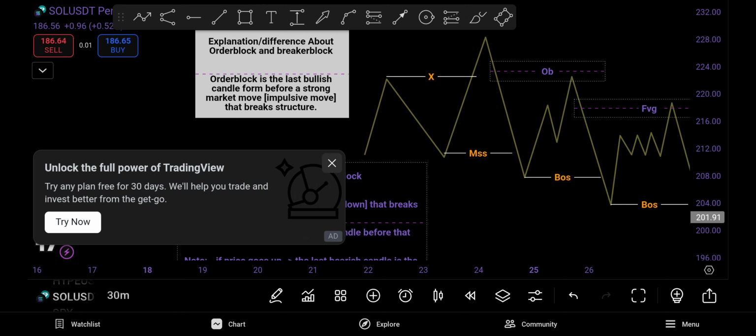So how does it work? When price returns to this zone later, the zone which is our order block, it will react because institutions still have pending orders there. SMC traders have pending orders there.